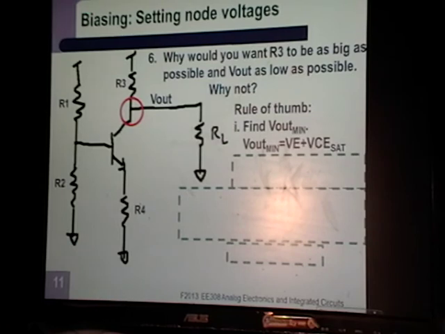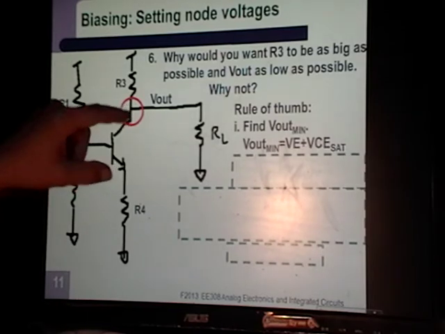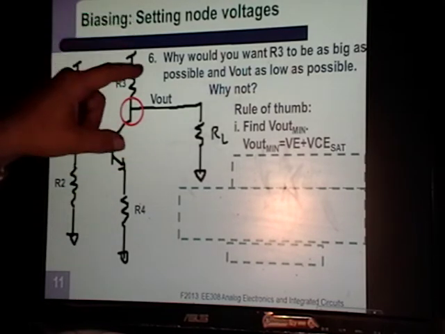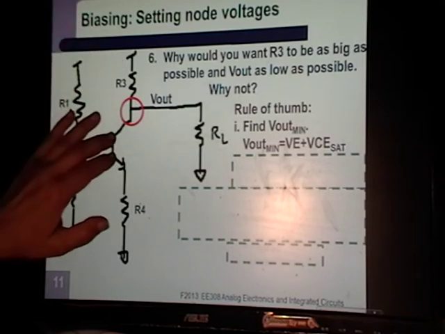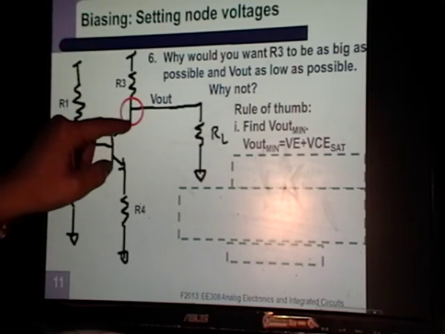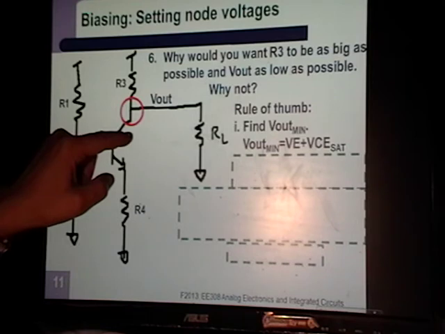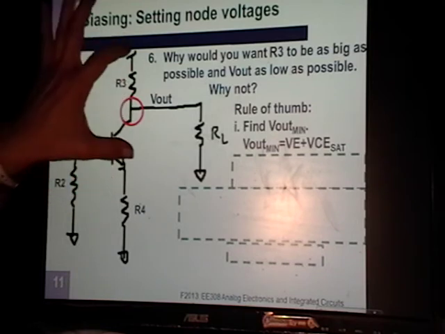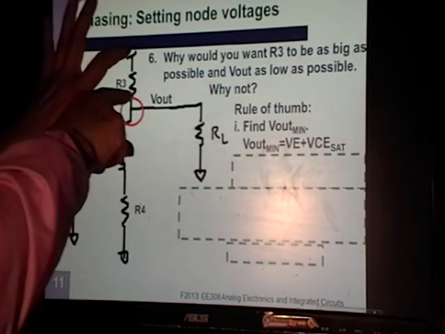Okay. Then if you don't know what your V in is, it's always nice to put your V out in the middle of the range that will keep your transistor active. So you find out the lowest V out can go and the highest V out can go, and you want to put your voltage in the middle of there.